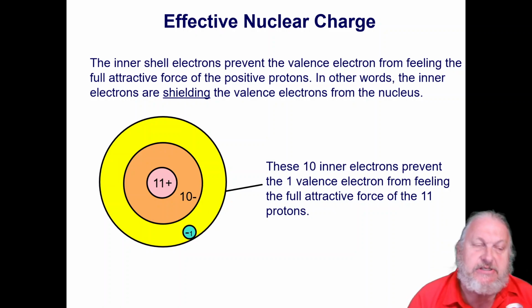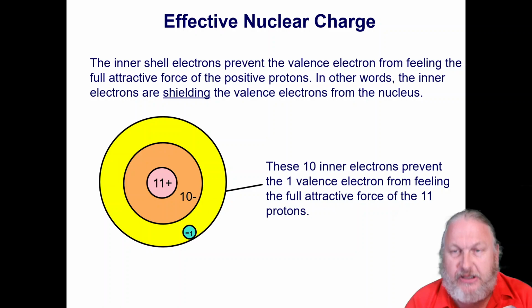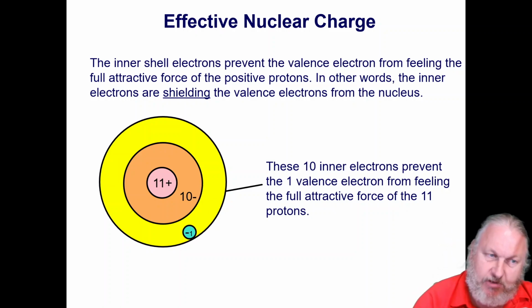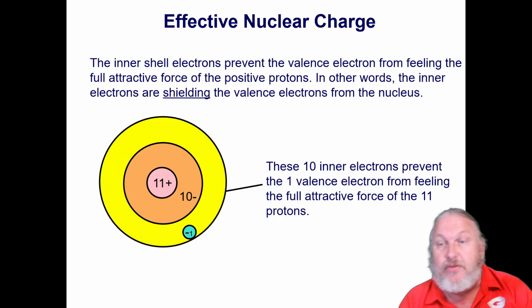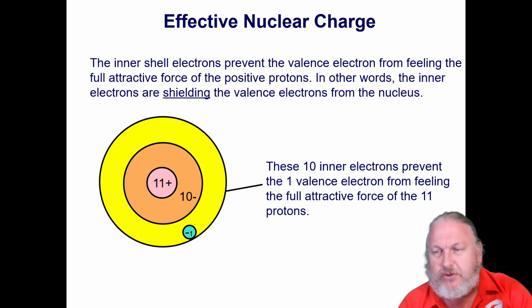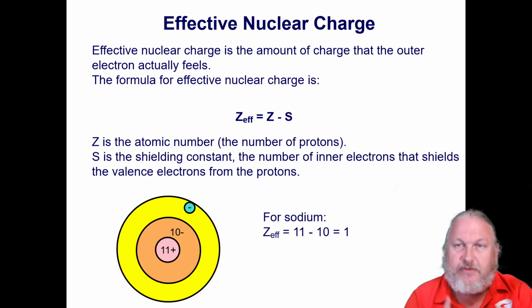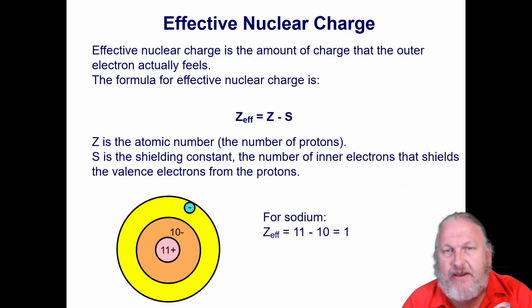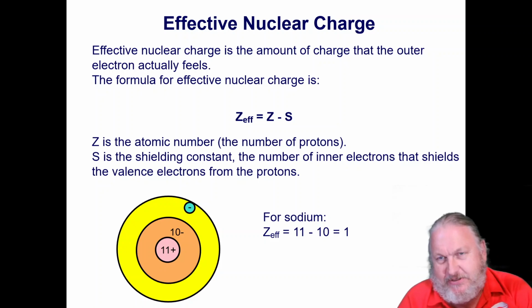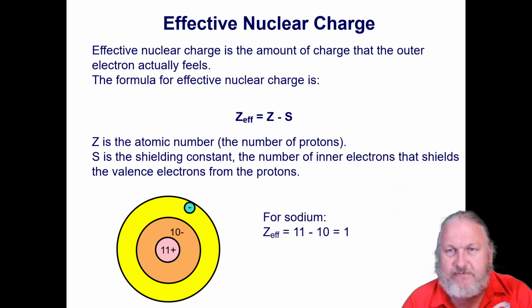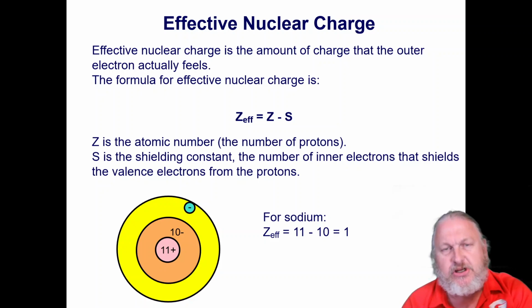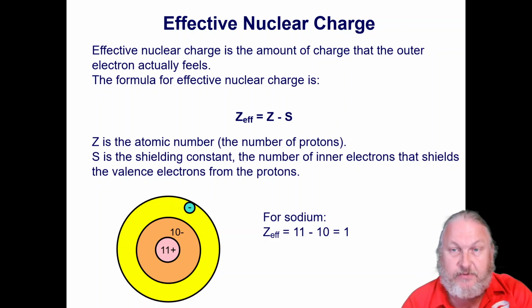So what's happening is the inner electrons are shielding the valence electrons, the electrons on the outer edge of the atom, from the nucleus. Now this is something we call the effective nuclear charge, or Zeff, or Z effective. I just call it Zeff, right? So the effective nuclear charge is the amount of charge that the outer electron actually feels.